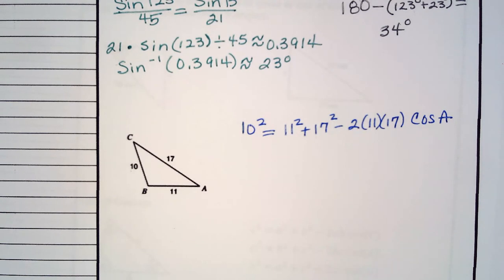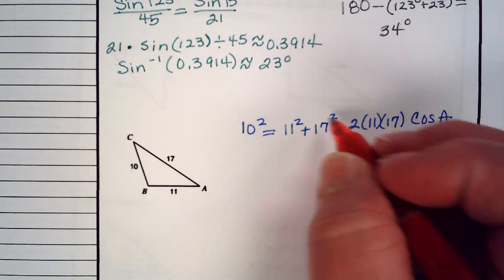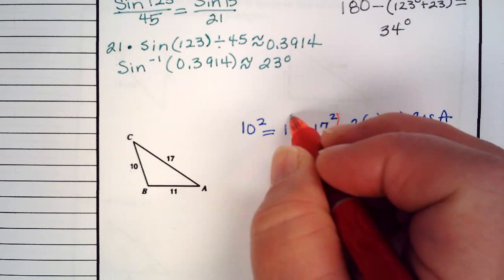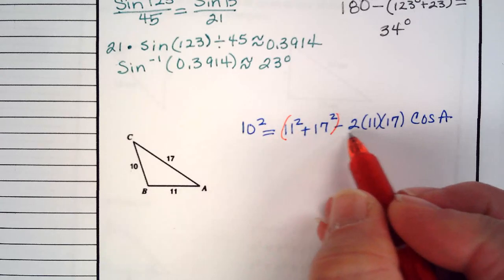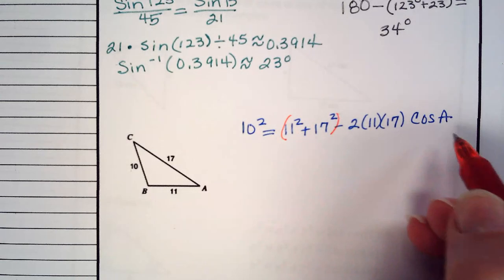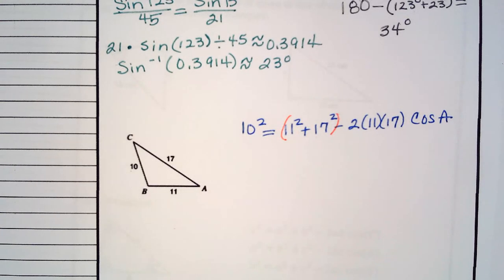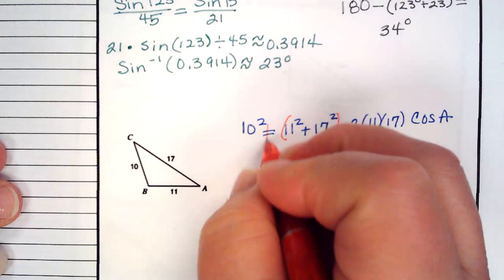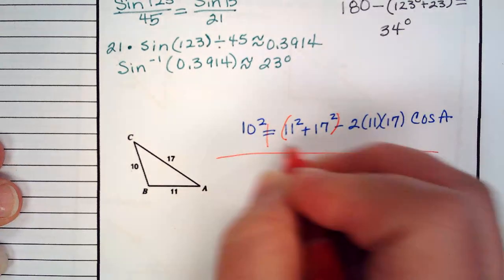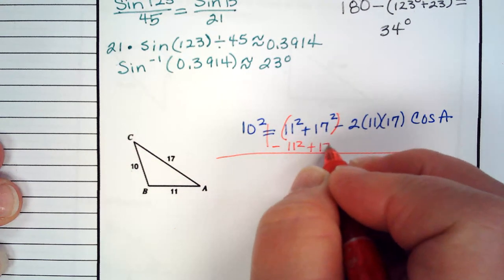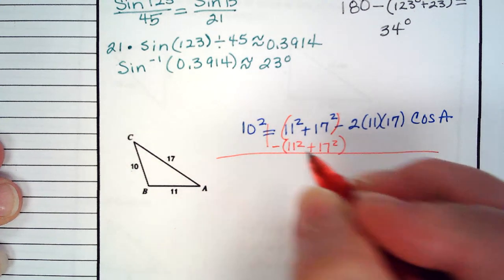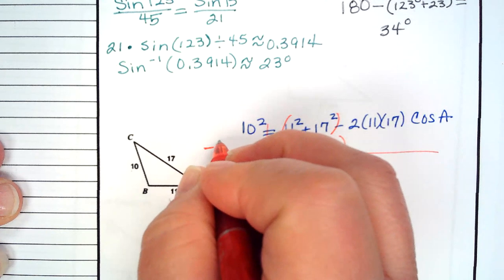We're going to chunk. Okay, I'm going to start by chunking these two together. I have to subtract this number to get this expression by itself. So from both sides, I'm going to subtract 11 squared plus 17 squared, and I do that in parentheses.